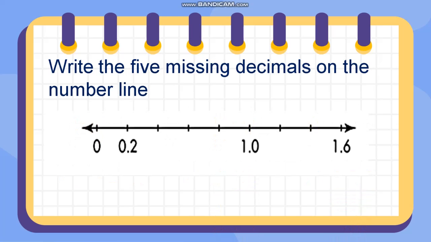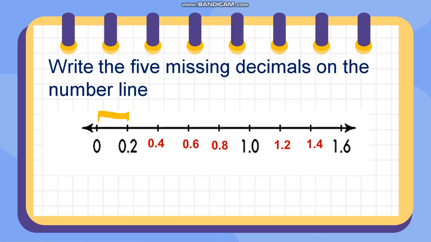Write the 5 missing decimals on the number line. As you can see here, the interval from 0 up to 0.2. So we have the interval of 0.2. So 0.2 plus 0.2, that is 0.4, plus 0.2, that is 0.6, another 0.8, then 1 as a whole number, then 1.2, then 1.4.